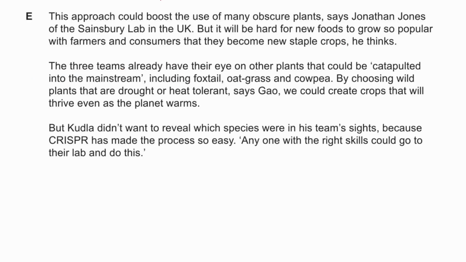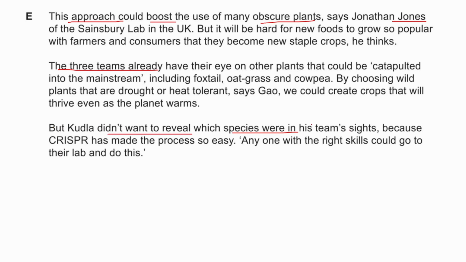Paragraph E, again, more about this approach, boost the use of many obscure plants, so the benefit of this approach. The three teams already have their eyes on the plans, so they're still working on it. And the last part, didn't want to reveal which species and so on.